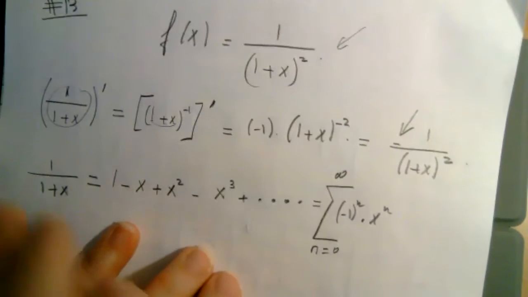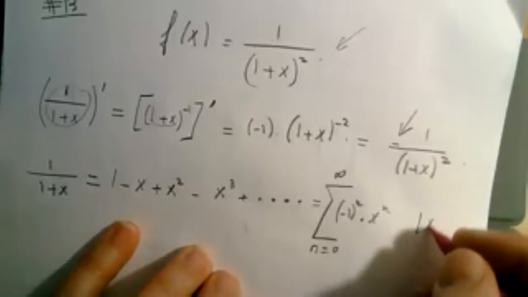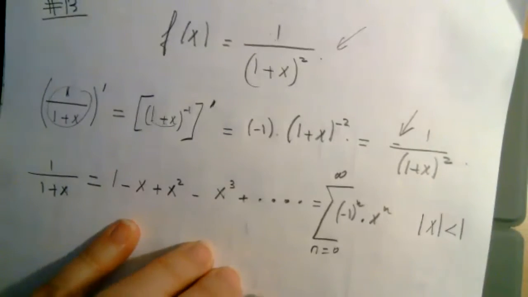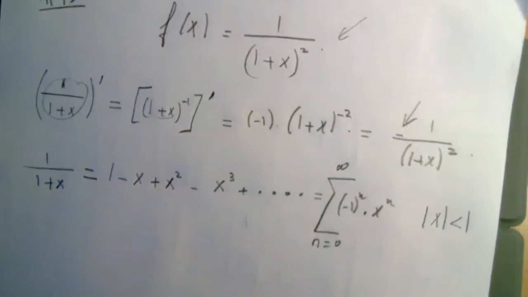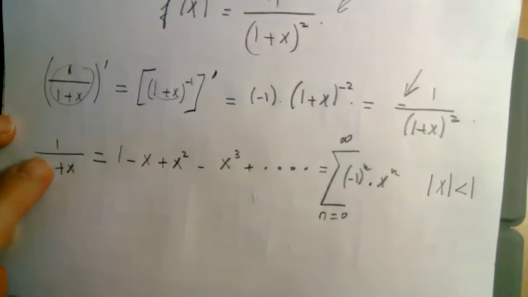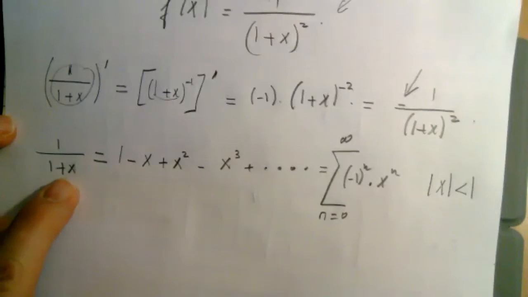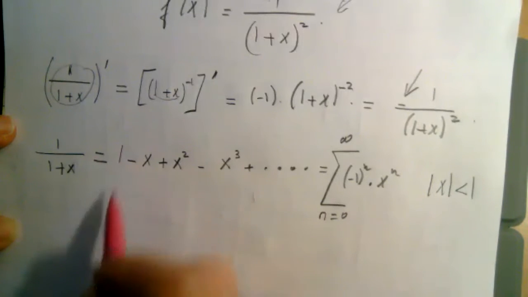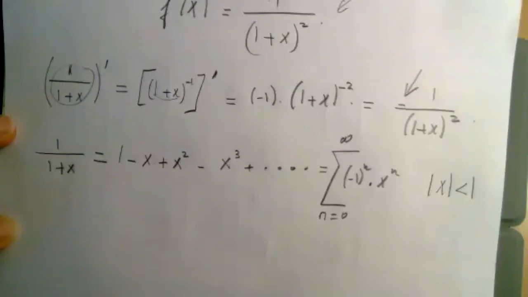This equality holds as long as I take x less than 1 in absolute value. Now we're going to differentiate. If this is the power series of 1 over 1 plus x, the power series of its derivative is obtained by term by term differentiation.